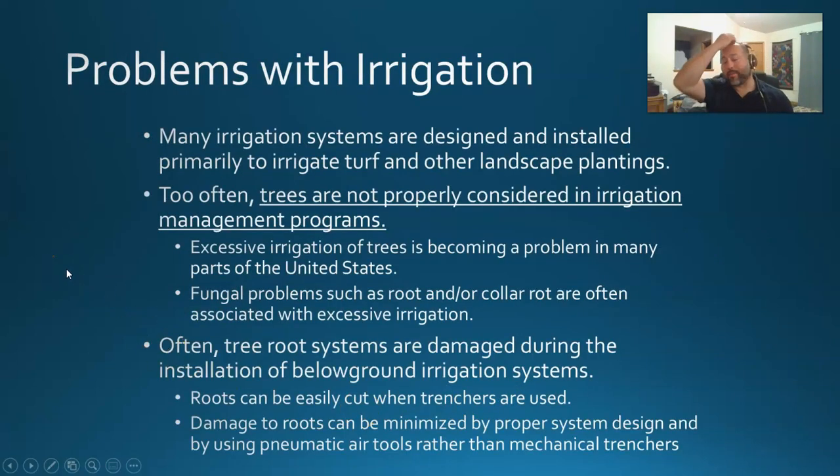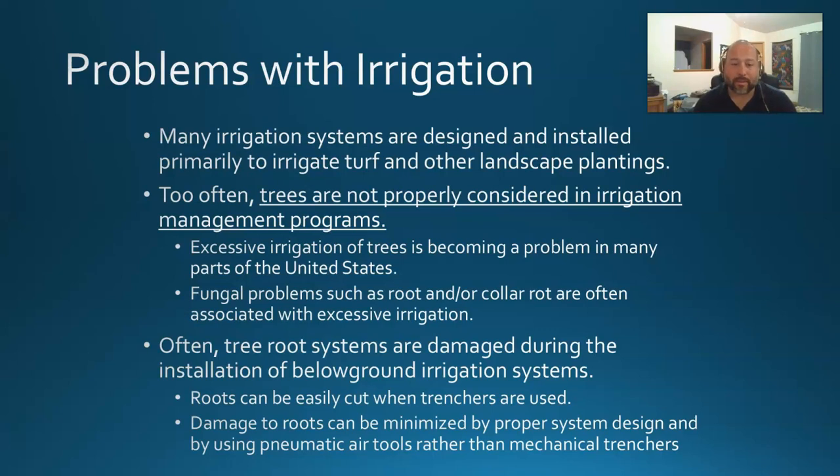You do have problems with irrigation, mostly from just the idea that they're not maintained well, or they're not designed for efficiency or checked for the efficiency. But really, trees aren't really considered in irrigation management programs, more focused on grass and turf.